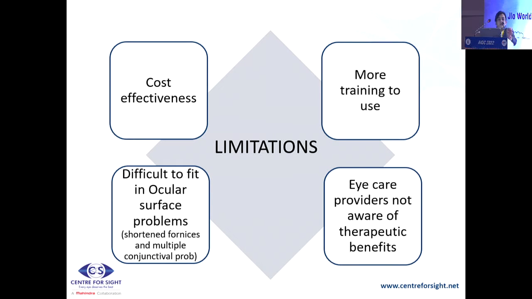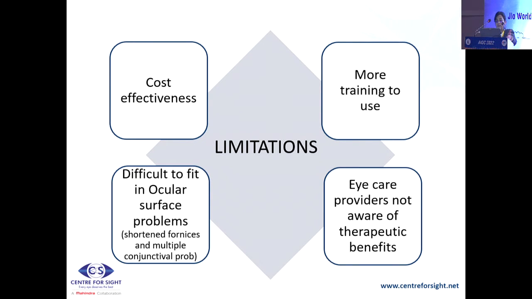More training is needed to use these lenses, both for the person providing the care as well as the patient, who needs to be very careful. Also, there can be difficulty to fit in ocular surface problems where there are shortened fornices and multiple conjunctival problems. One of the major limiting factors is that eye care providers are not aware of the therapeutic benefits of scleral contact lenses in these conditions.